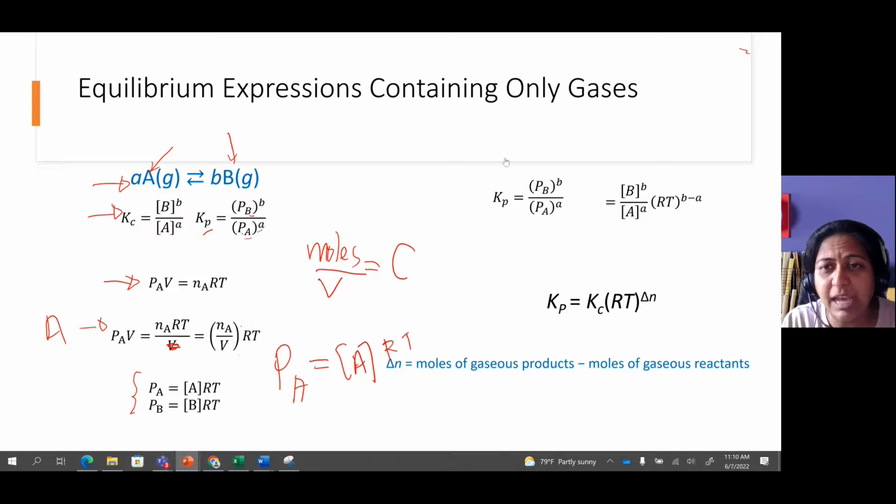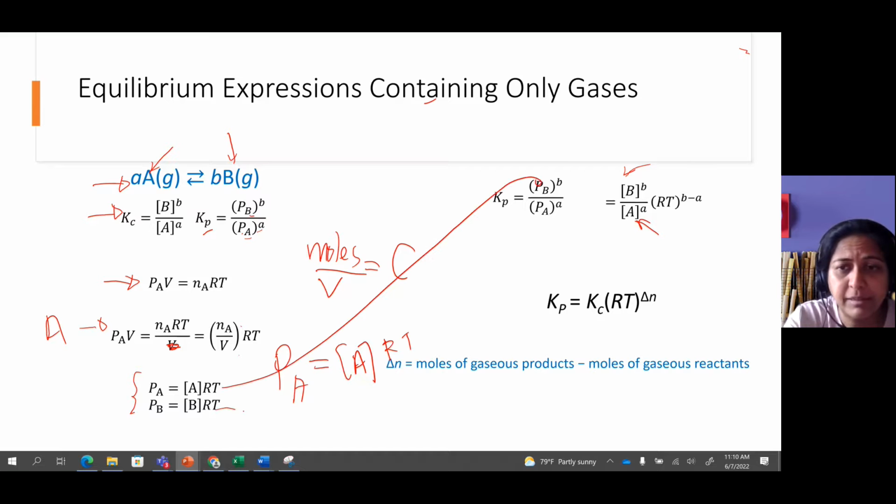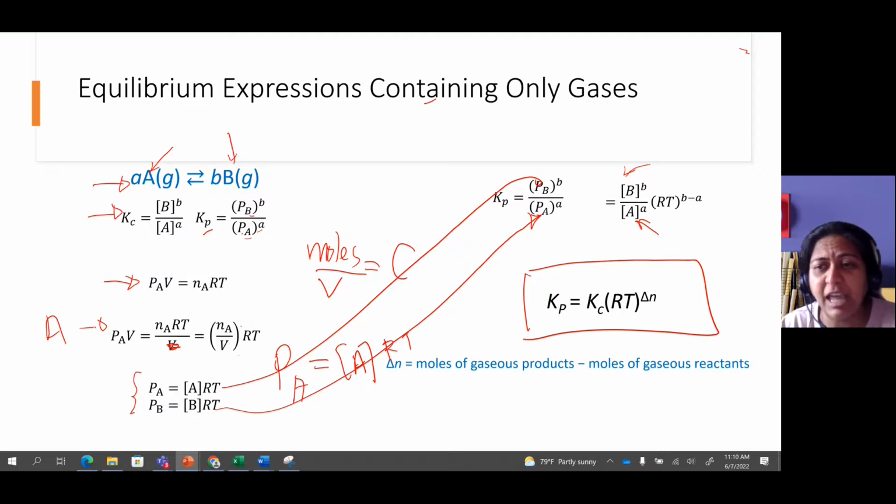So then we can plug the values into Kp, the equilibrium constant written using the pressure values. When these are plugged in, we get a final equation: Kp equals Kc (RT) to the power of delta n.